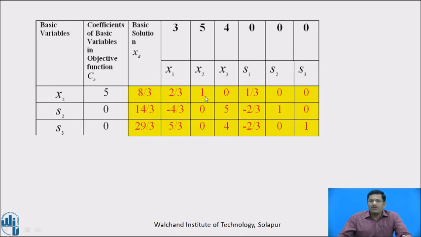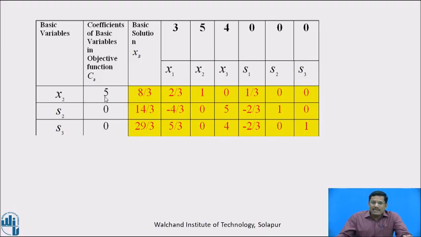So once we convert the key element to 1 and the elements lying below it to 0, the next step is finding the values of the Zj row. We know that Zj is the sum of the products of the Cb column and the corresponding Xj column. In the Cb column, you can see that out of 3 entries, 2 entries are 0 and 1 entry is non-zero, so there is no need to take the product of all these 3 entries with the Xj column.